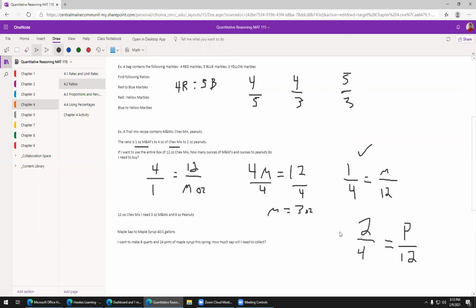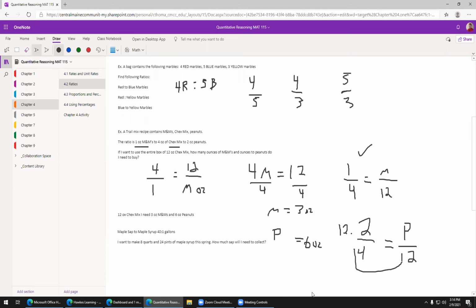I can just leave it where it is and multiply the 12 over here. 12 times 2 is 24, divided by 4 is 6. And like Tanner posted, I need 6 ounces of peanuts. So I go to the grocery store, buy a 12-ounce box of Chex Mix, then get 3 ounces of M&Ms and 6 ounces of peanuts.